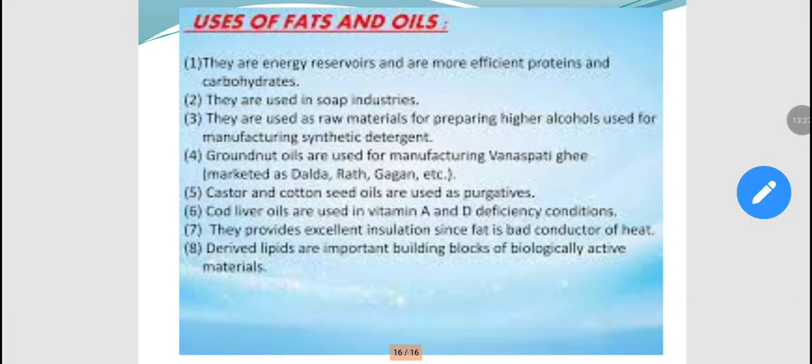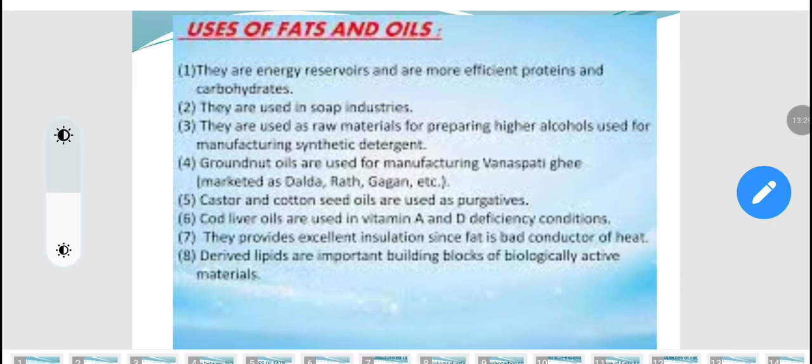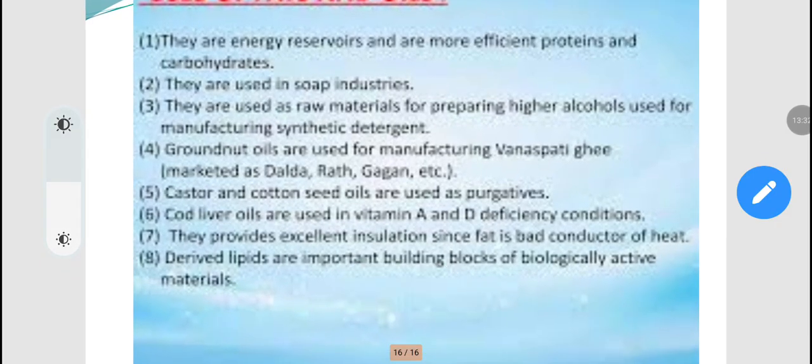Then uses of fats and oils. They are energy reservoirs and are more efficient than proteins and carbohydrates. They are used in the soap industry. They are used as raw materials for preparing higher alcohols, used for manufacturing synthetic detergents.